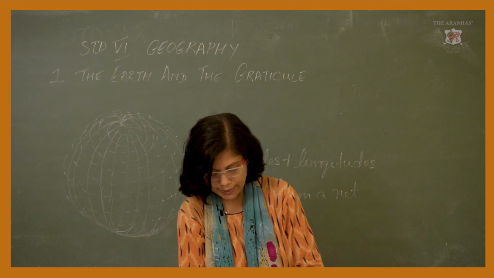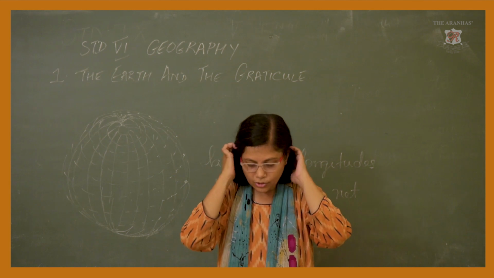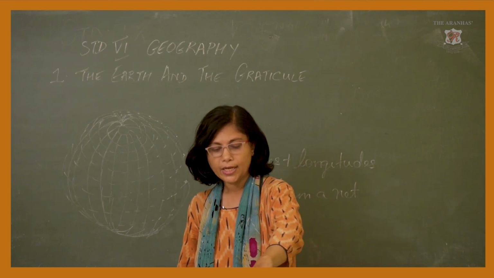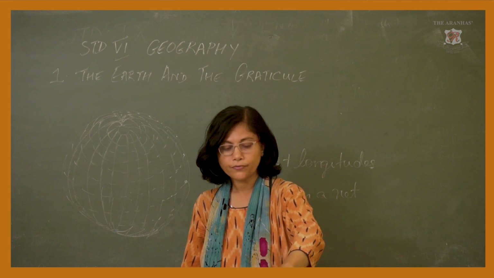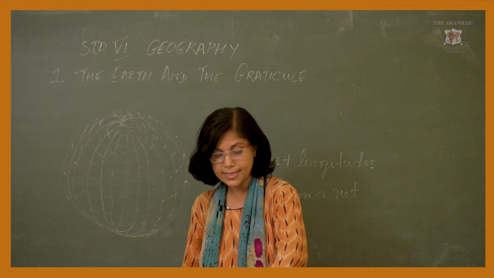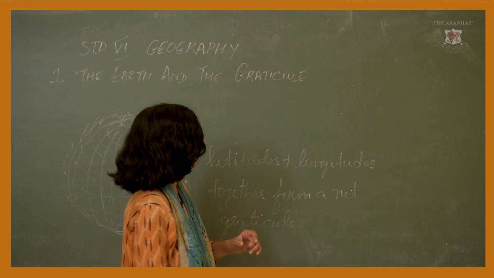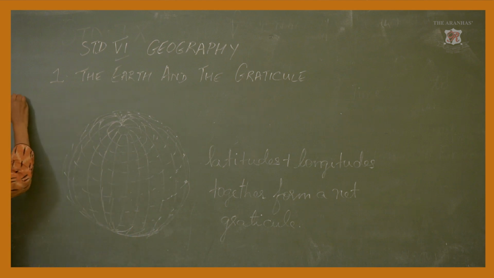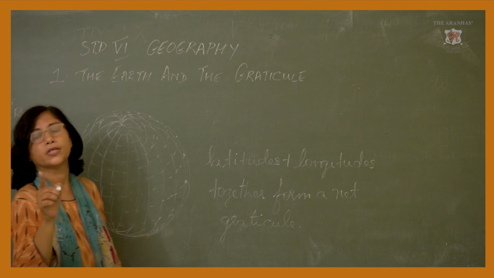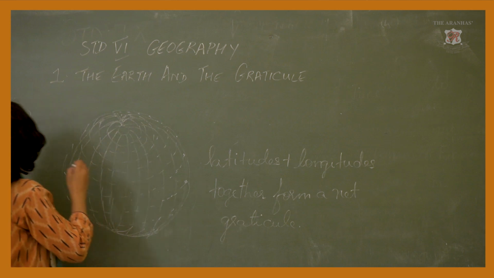Now, there are two very important locations that you have to remember. The Tropic of Cancer runs at 23 degrees north, and the Tropic of Capricorn runs at 23 degrees south. Let me just write it for you, these are important. These are parallels of latitudes, the Tropic of Cancer and the Tropic of Capricorn.